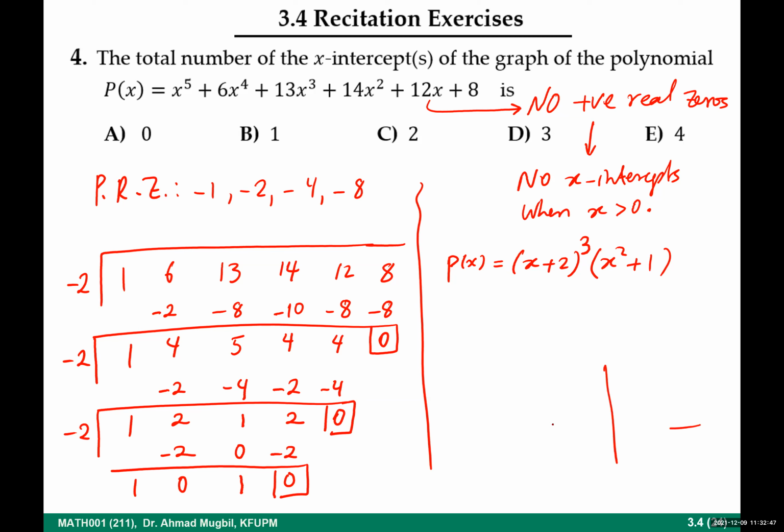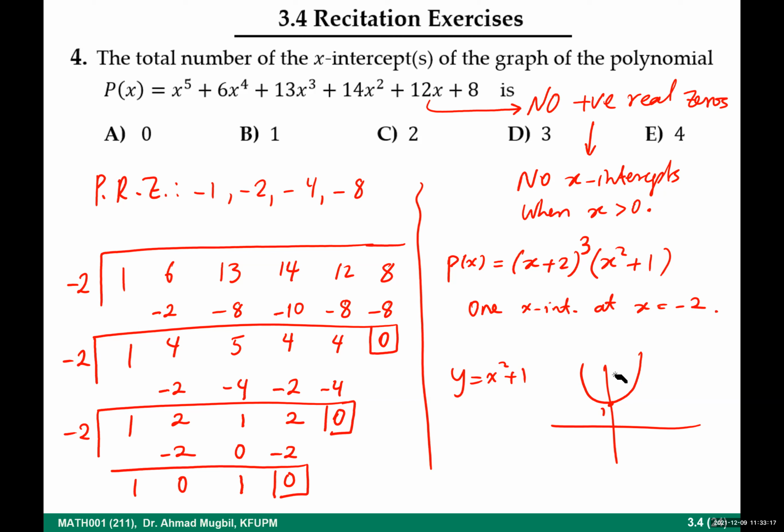Remember the graph of y equals x squared plus 1. There are no x-intercepts. So complex numbers are not x-intercepts. The x-intercepts are the real zeros. So we have one x-intercept.